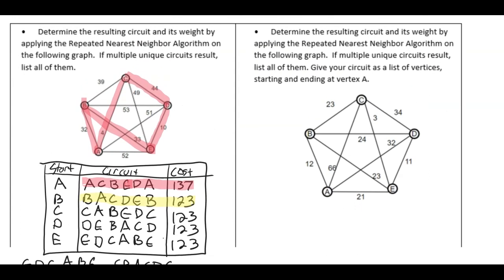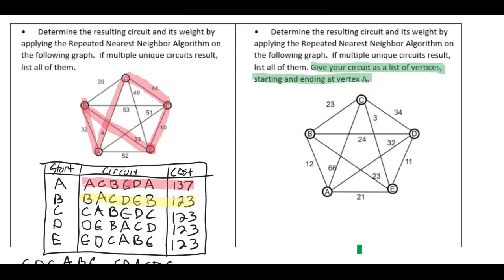Determine the resulting circuit and its weight by applying the repeated nearest neighbor algorithm on the following graph. If multiple unique circuits result, list all of them. Give your circuit as a list of vertices starting and ending at vertex A. So there's that instruction so that you know of all the possible answers which 2 to write.